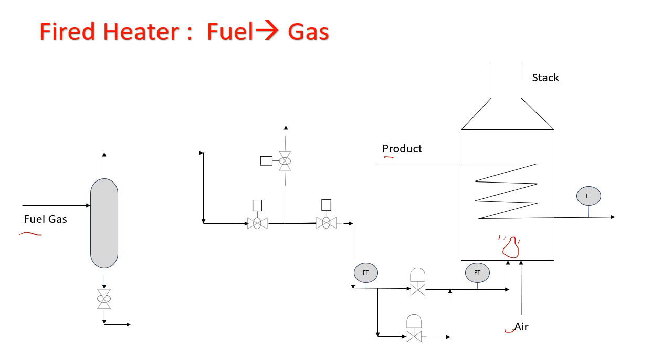Now the temperature of the product at the outlet is very crucial for the downstream process, and that's why this temperature needs to be controlled. Now, how can this temperature be controlled?